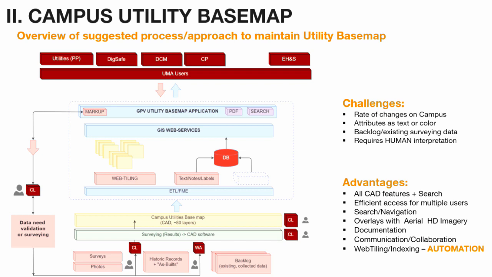And then we also harvested all of that text so you could do some search and navigation with it, and then overlay that with our aerial high resolution imagery. And again, our online GIS platform is great because it's got a lot of markup capabilities. So it's a lot about communication and collaboration. And then one of the really cool things about this is the web tiling and indexing.